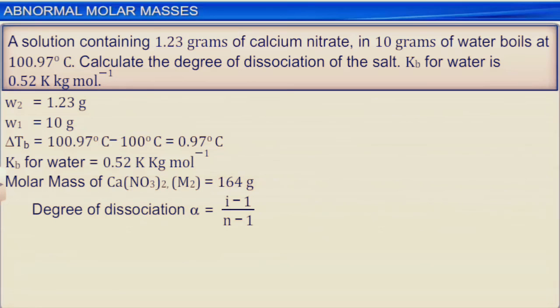For finding the degree of dissociation of the salt, we first need to calculate Van 't Hoff's factor, i. Substitute these values in the modified equation for elevation in boiling point. Elevation of boiling point delta Tb is equal to i multiplied by Kb multiplied by W2 multiplied by 1000 divided by M2 multiplied by W1.